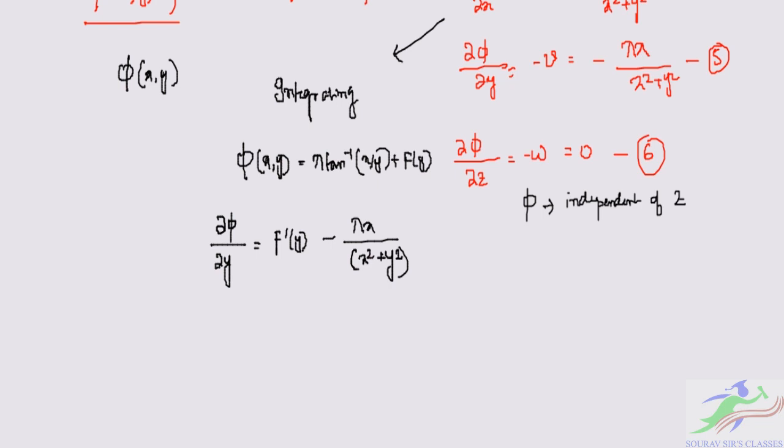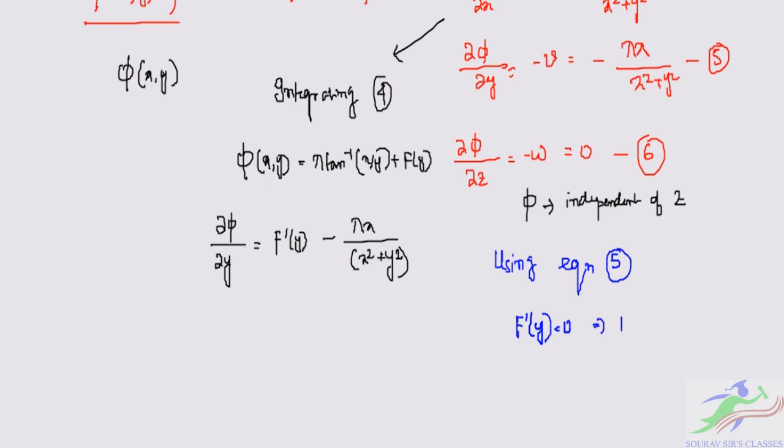Now using equation 5, we get f prime y is equal to 0.